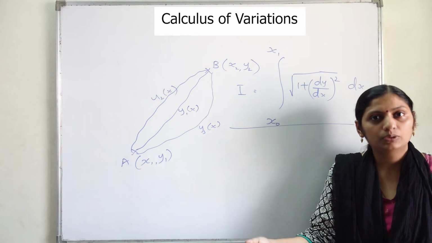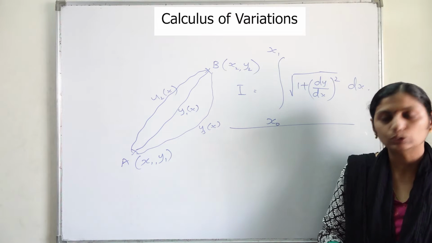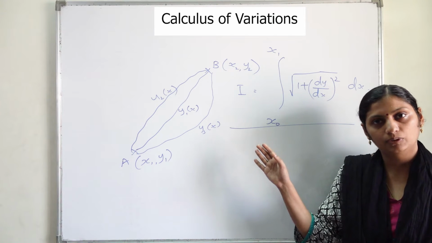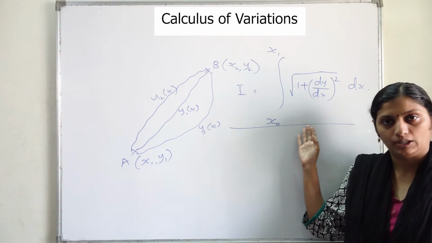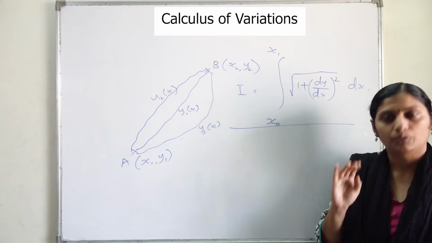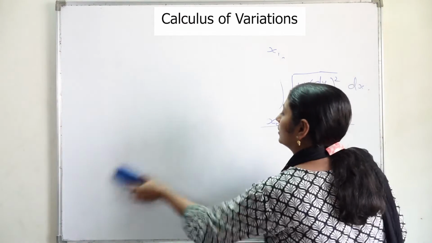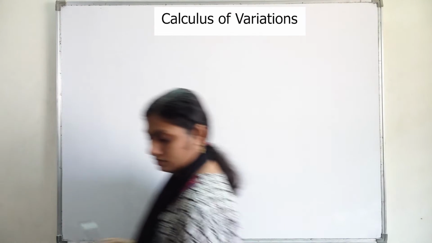And if you are unable to understand it, you can contact me through WhatsApp. So I am not going to explain the proof of Euler's equation. I will just give you the Euler's equation to find the extrema of a functional, and there are 2 more forms for Euler's equation.